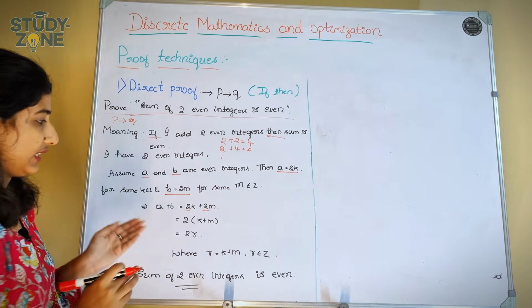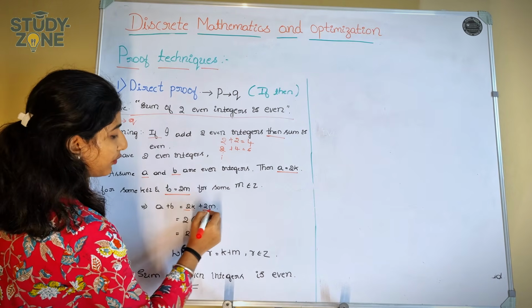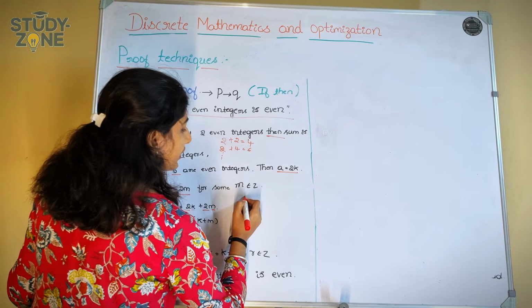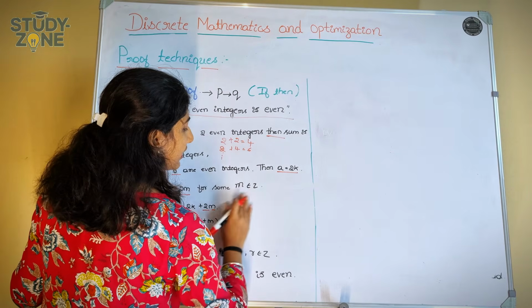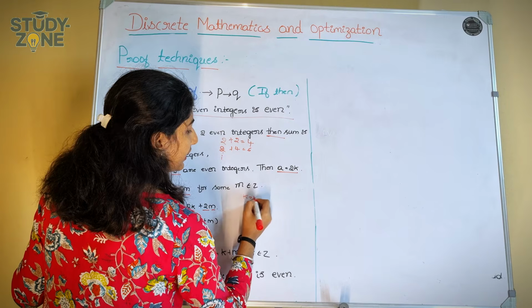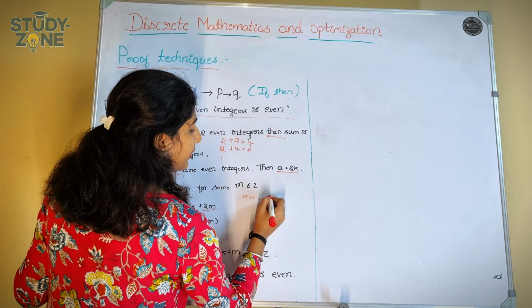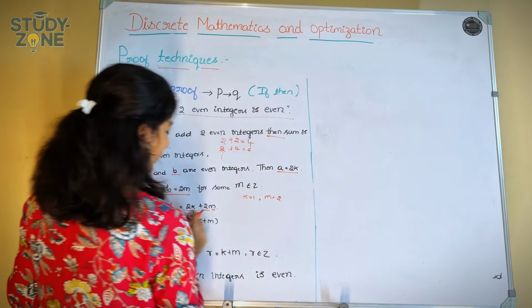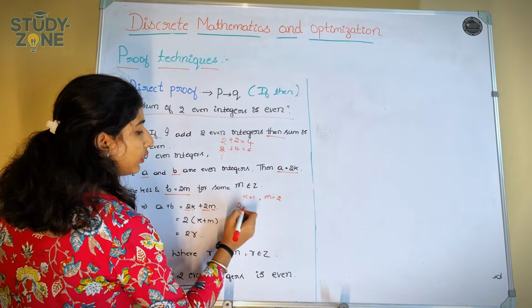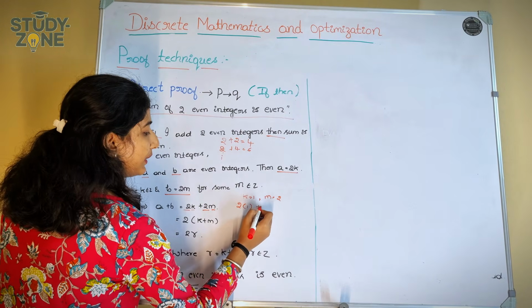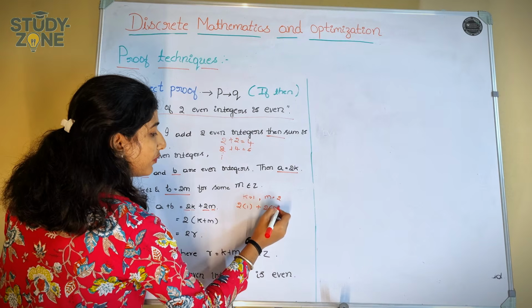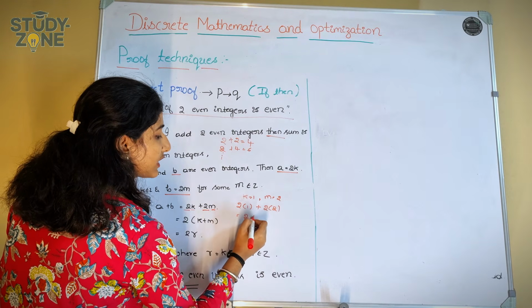Let's take 2 outside. If you have any confusion about k and m, let's take k equals 1 and m equals 2. 2k means 2 into 1 plus 2 into 2, it will be 2 plus 4, right?